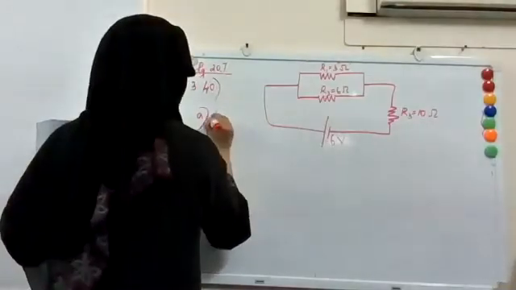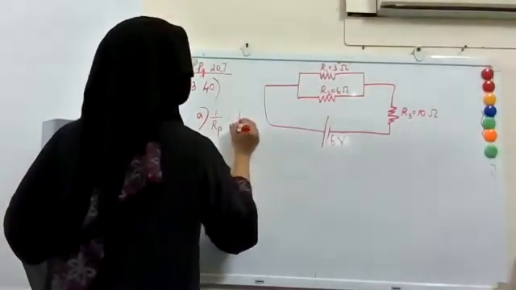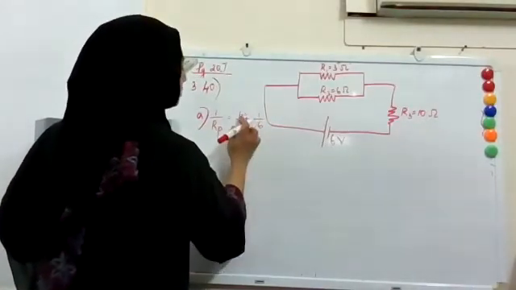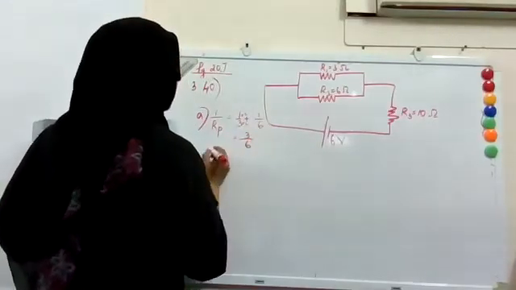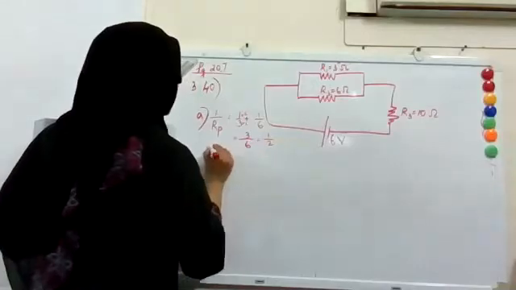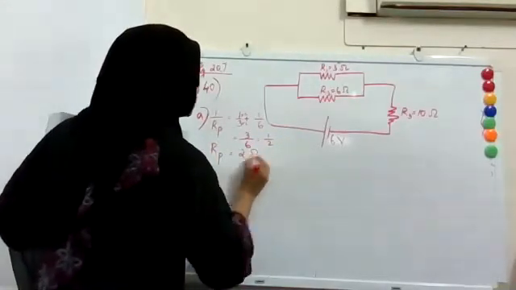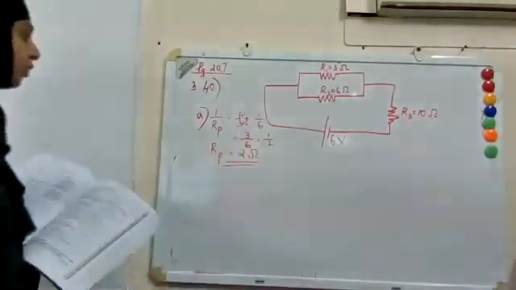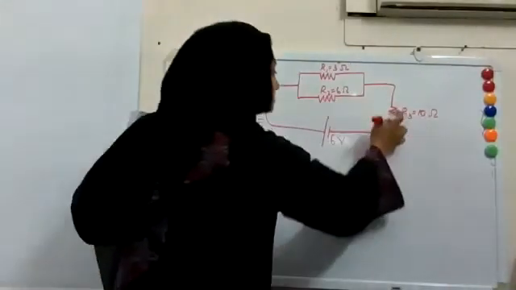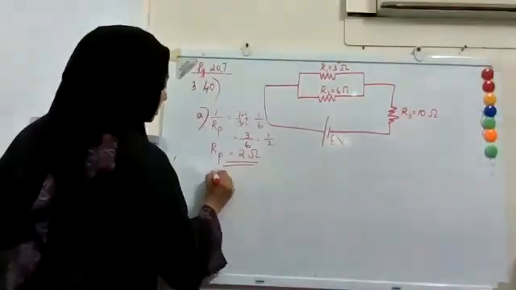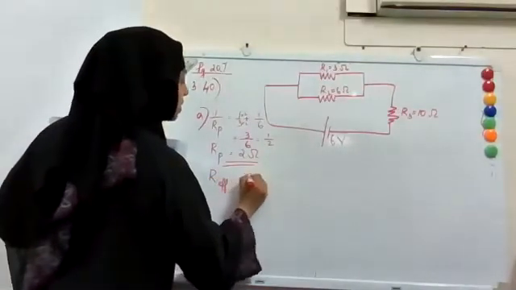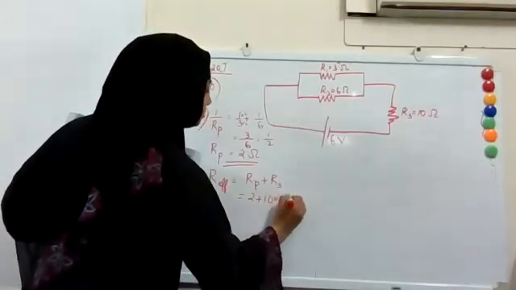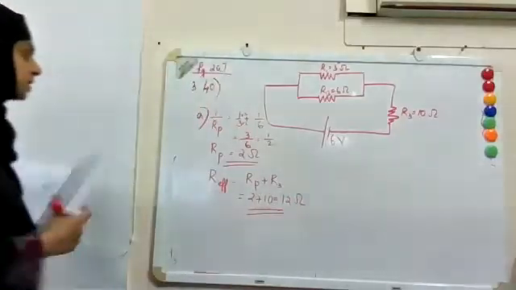So 1 by Rp is equal to 1 by 3 plus 1 by 6. To make the denominator same, this is equal to 2 plus 1, which is 3 by 6, or 1 by 2. So Rp is equal to 2 ohms. These two in parallel give an effective resistance of 2 ohm, and they are connected in series with R3. So R effective will be equal to Rp plus R3, which is 2 plus 10, that is 12 ohm. So this is easy.